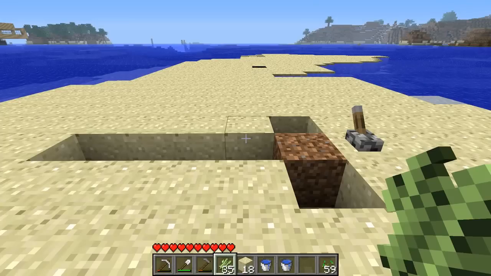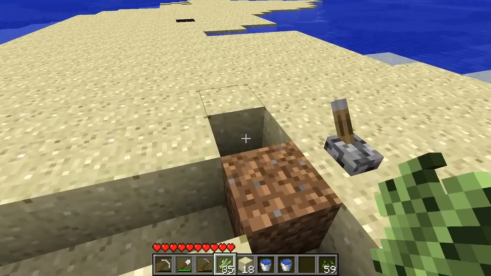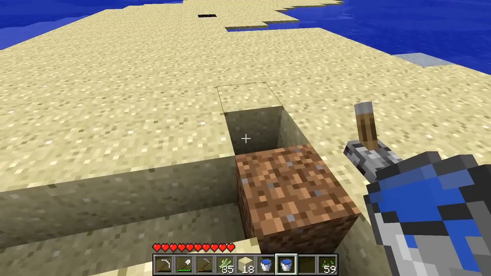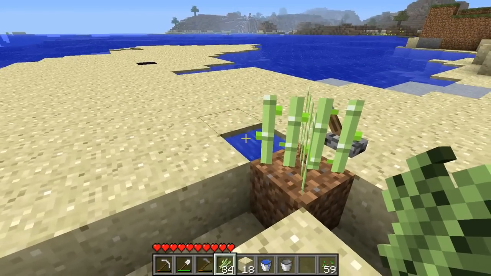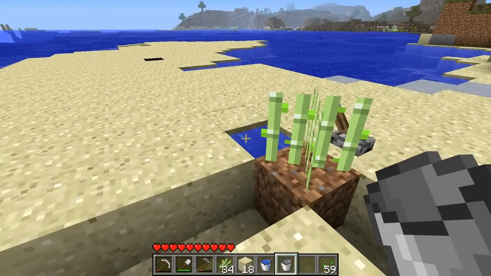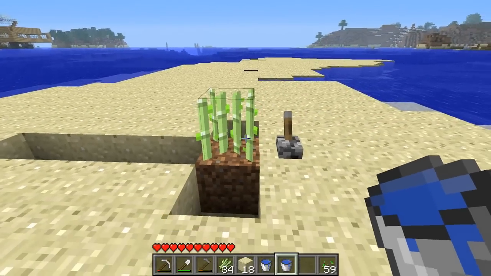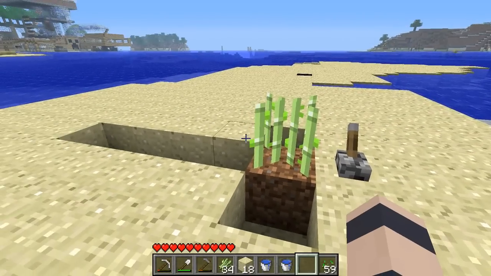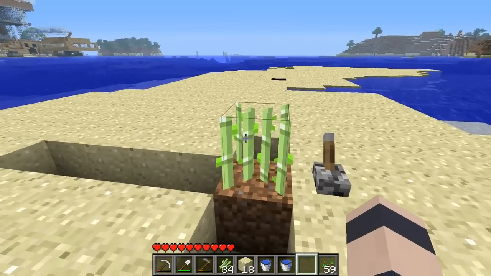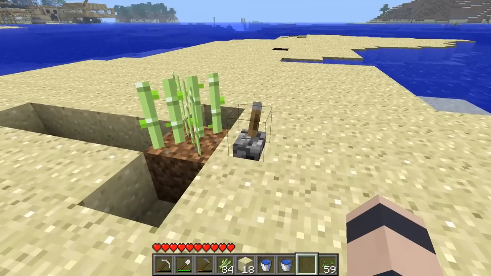Water is also required to plant sugarcane. The water must be adjacent to the soil block, but it's only required for planting it. You can remove it after it's been planted, but it will automatically harvest itself if it grows or if a block adjacent to it gets updated, such as by redstone.